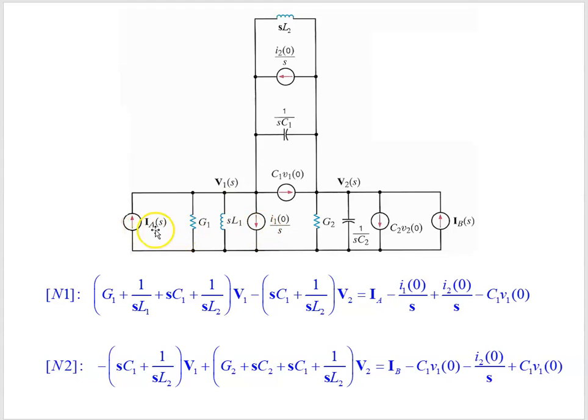So our initial currents, we have IA flowing into the V1 node, and we have I2(0) over S flowing into this node, and then flowing out we have our C1 V1(0) and here our I1(0) over S. So we've already organized this equation as we wrote this, because we have experience now with nodal analysis.